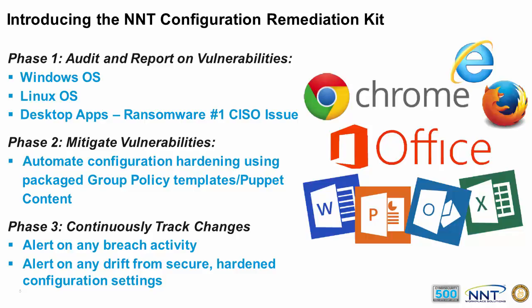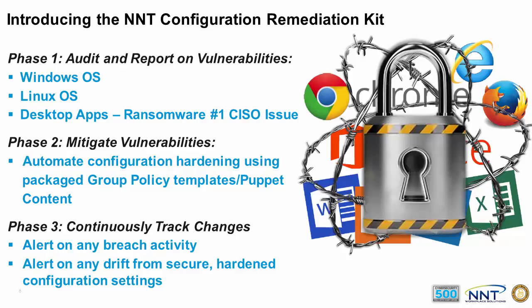We provide a whole range of not just vulnerability assessments for those applications, but remediation kits as well, so the mitigation of those vulnerabilities can be done automatically using one of the templates that we provide you.